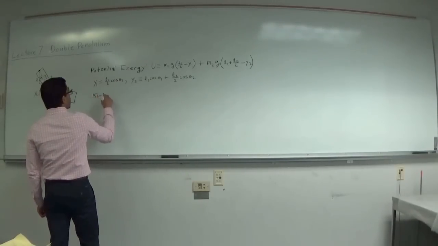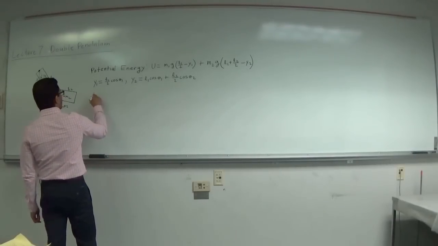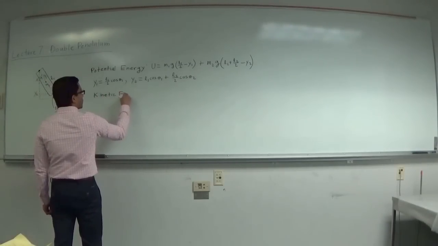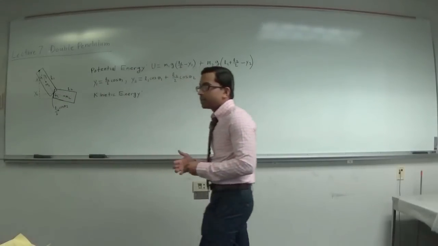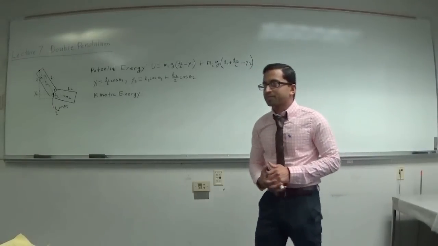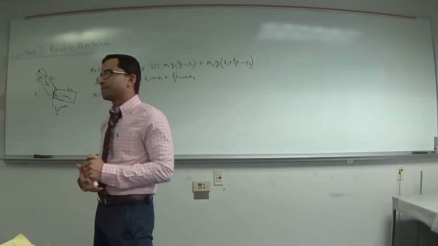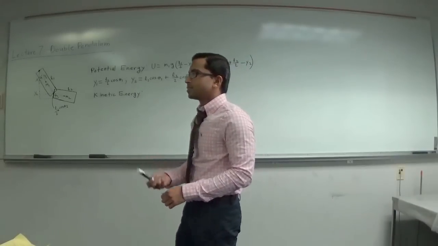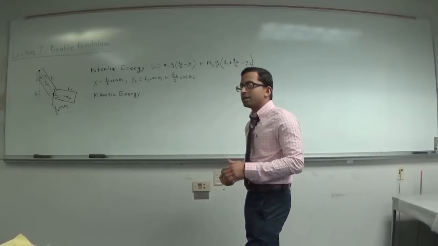But then for the kinetic energy, we have something slightly different. So what do we have to do for the kinetic energy? We'll have the same sort of stuff we had, but we need what extra piece?